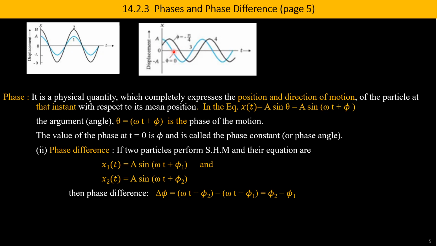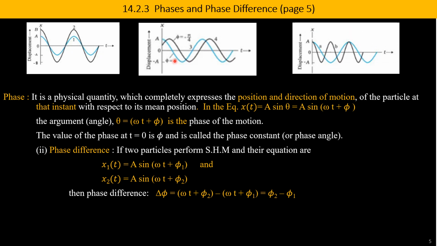This distance is pi by 4. The amplitude is the same for both the cases, so amplitude is the same, but phase is changing.